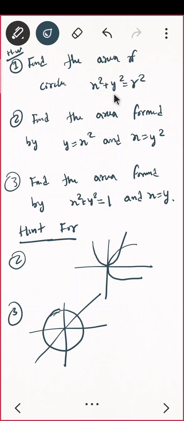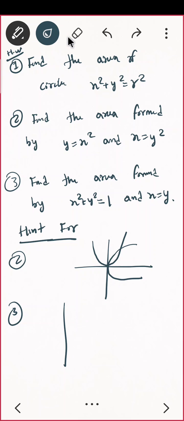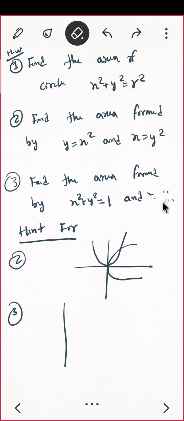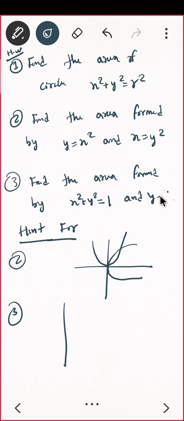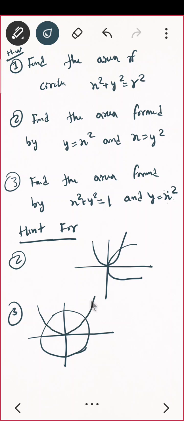I'll just reframe the question. We will be having some issues in that. So let me put y equal to x square. Okay. So one is a circle and one is a parabola. So you are having the equation of the circle is something like this, and what is the graph of the parabola? Something like this. So think about the shaded region and try to find that.